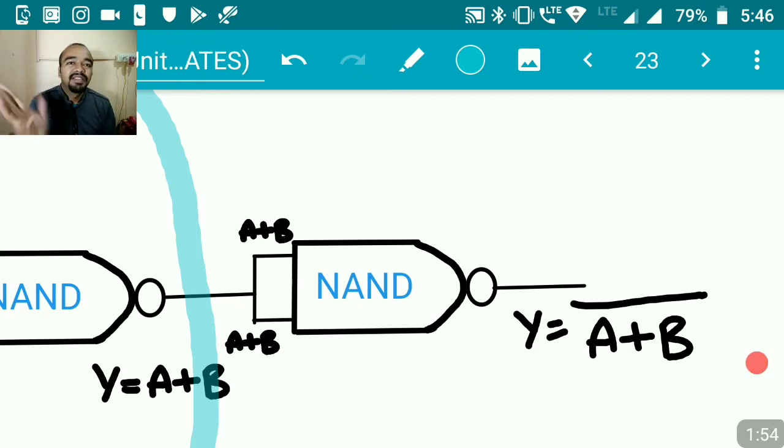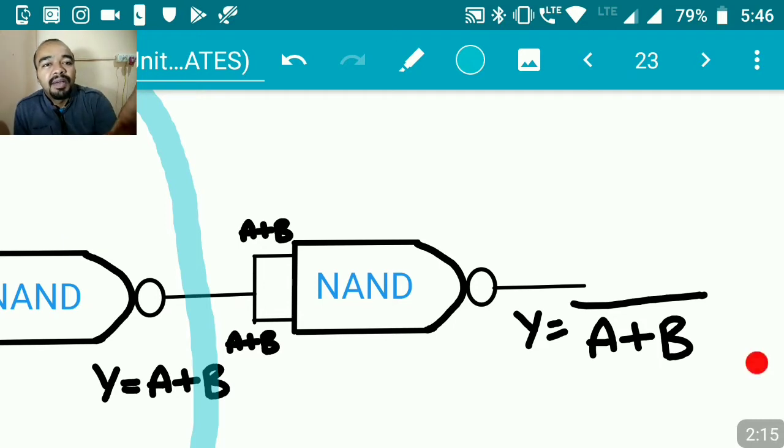We have already discussed this topic. When we give the same input to both inputs of the NAND gate, the output is going to be the complemented output, that of a NOT gate. The same thing is what we are going to use here.